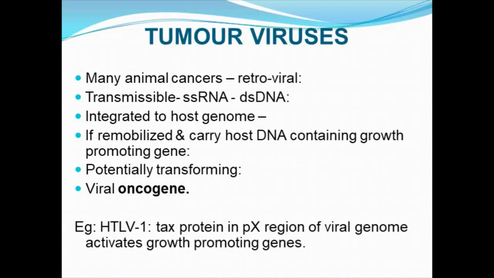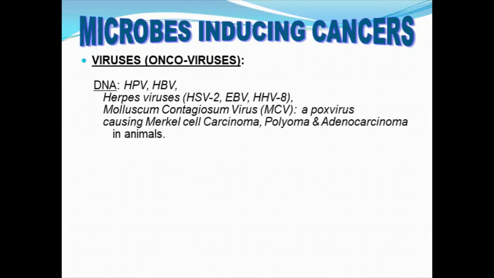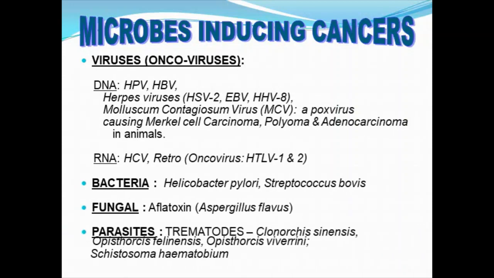growth-promoting genes. So microbes inducing cancers not only include the viruses, although the viruses are the most important which can cause cancers. So they include the DNA viruses. I am mainly speaking on human cancers, so I will focus my talk on human cancer-causing agents only.